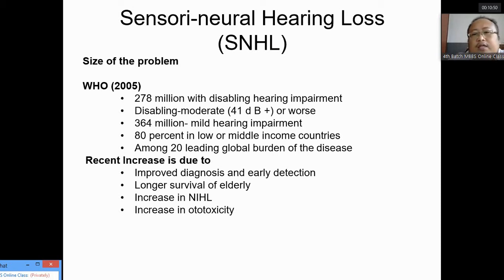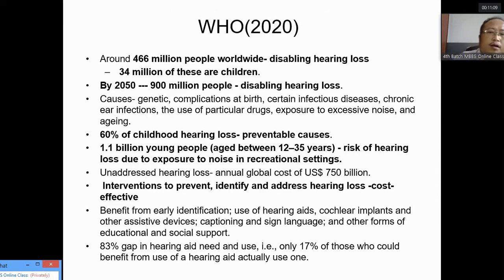But these are the data which are easily diagnosed, where physicians or health facilities are there and the data are taken by the WHO. Recently, the WHO has also published some data. Now the figure has increased.